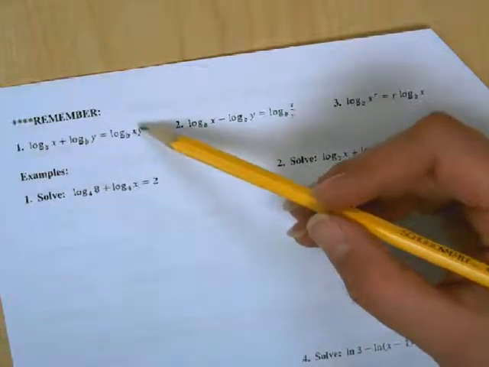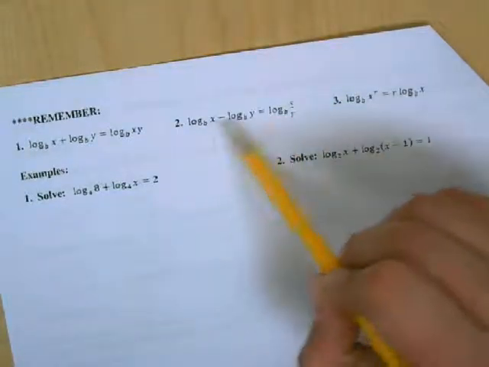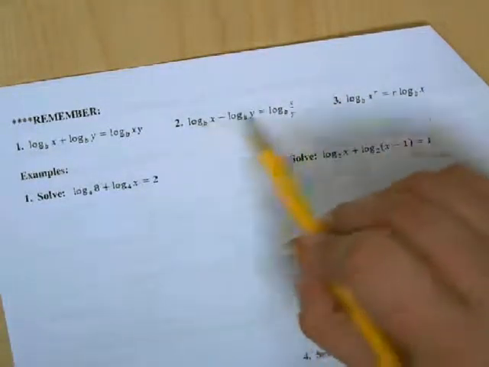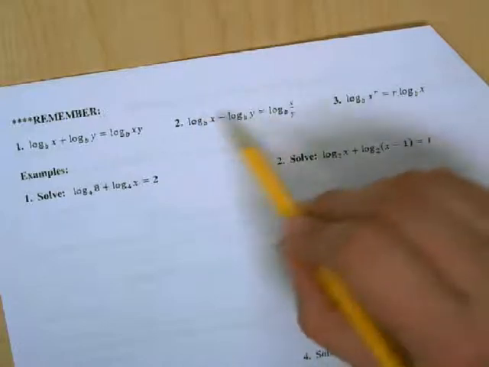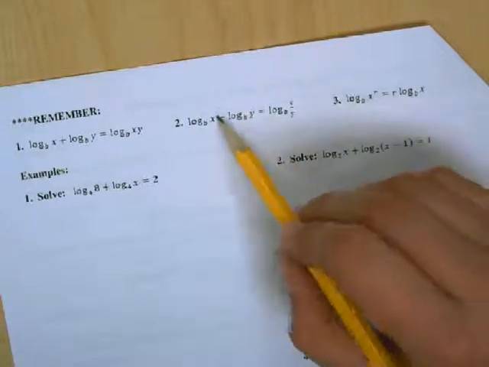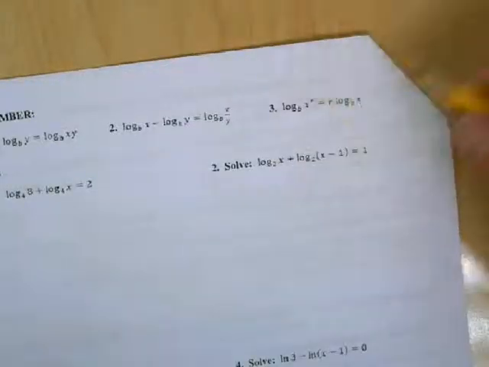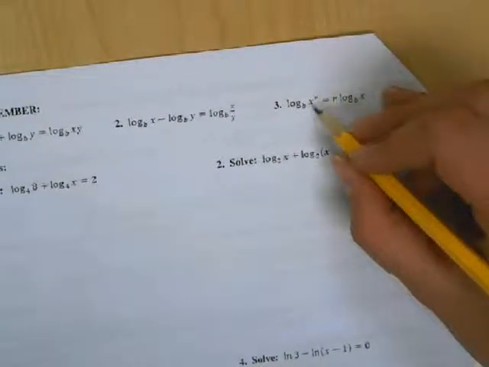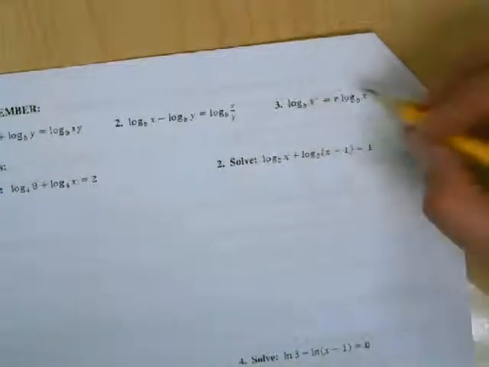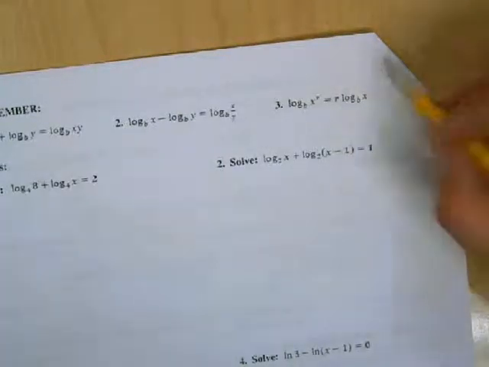Okay, if I'm subtracting 2 logarithms with the same base, this is the quotient property, I'm subtracting the arguments, okay, and then I'm going to divide those arguments. And if I have an exponent on an argument, then that can come down to the front. Okay, so, and we've already used this one a lot. These 2 we haven't really yet.